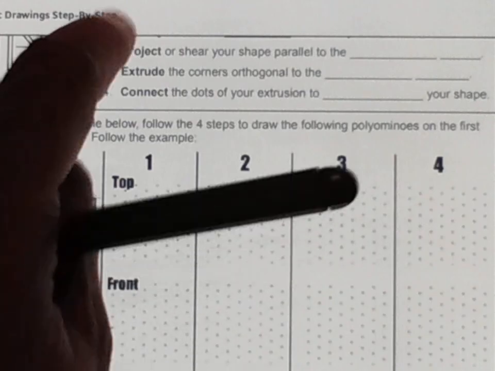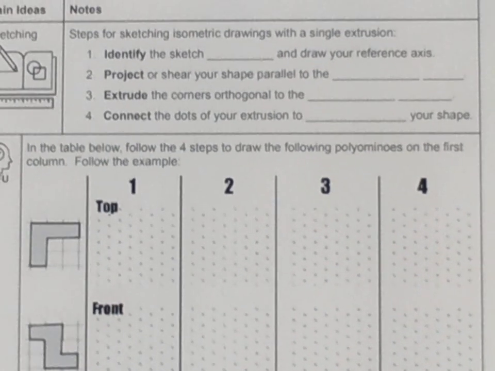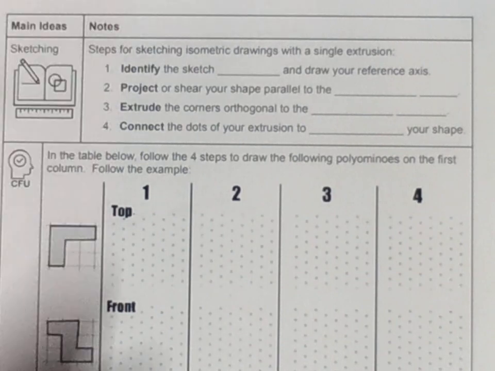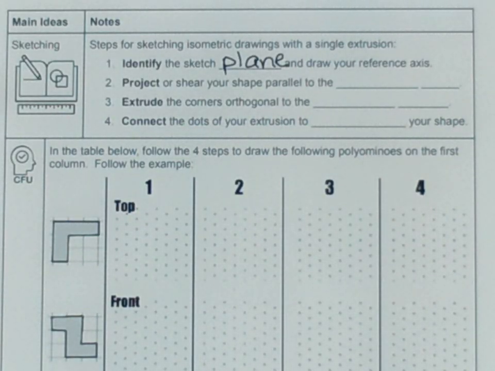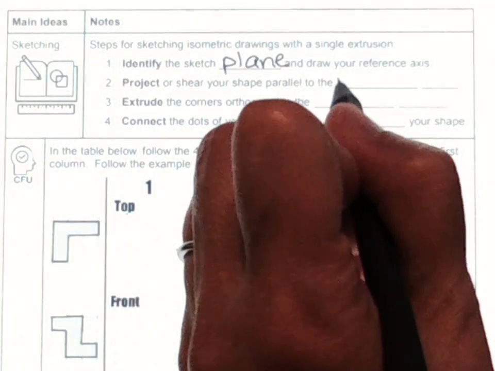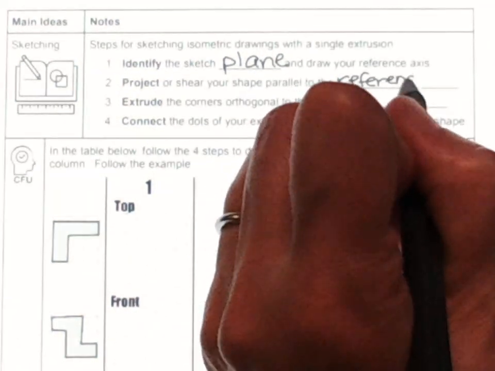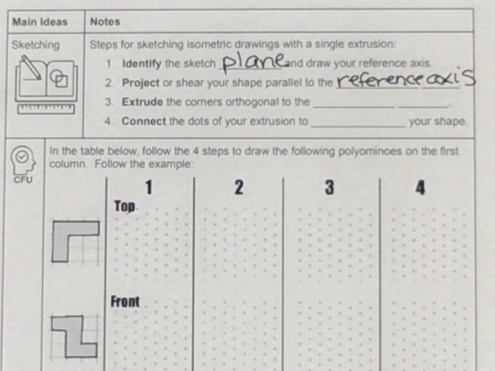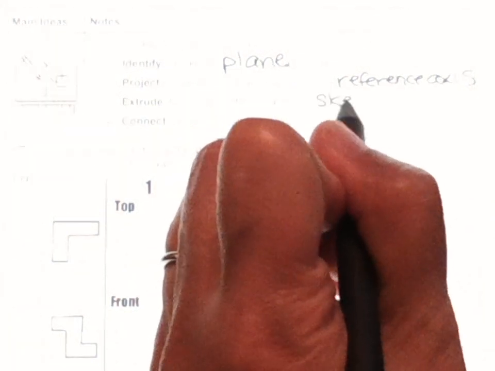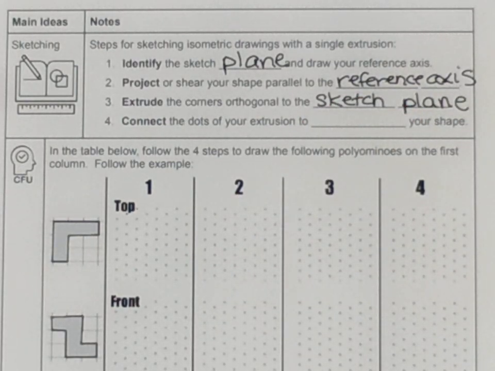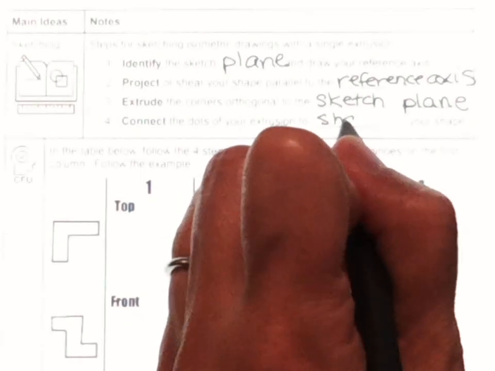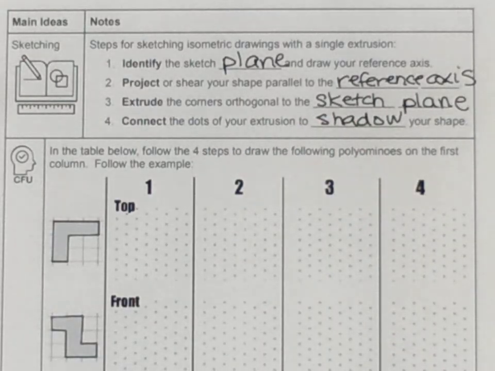Okay, and those 4 steps are going to be: identify the sketch plane, project or shear your shape parallel to the reference axis, extrude the corners orthogonal to the sketch plane, and then connect the dots of your extrusion to shadow your shape. Okay, we're going to practice that.